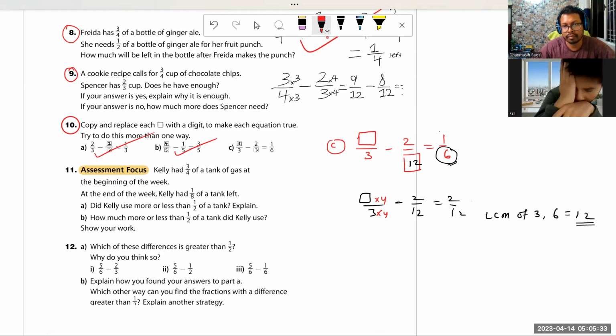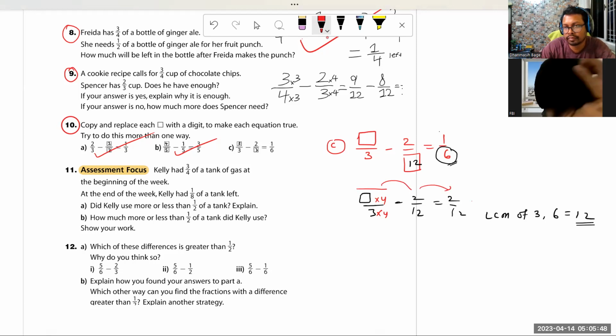You have to subtract the denominators, and then it should give you 2 as the answer. I'll give you one hint. Yeah, solve it.